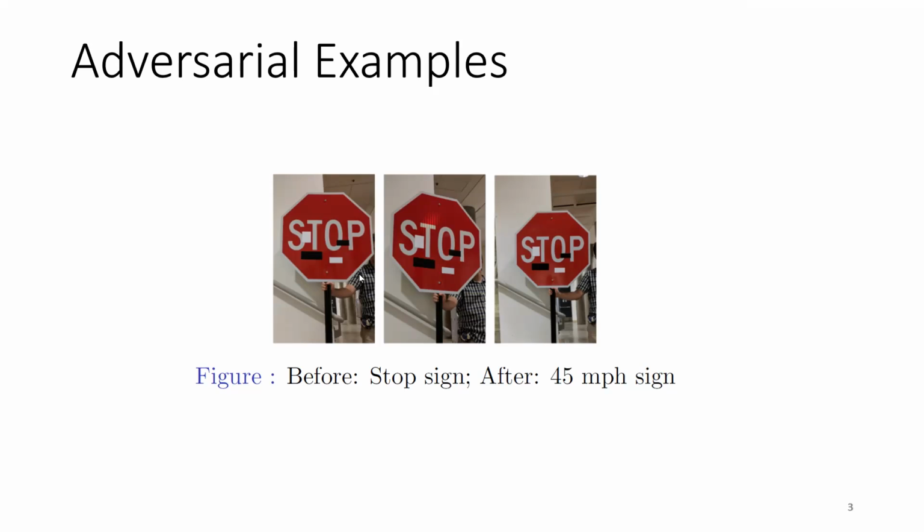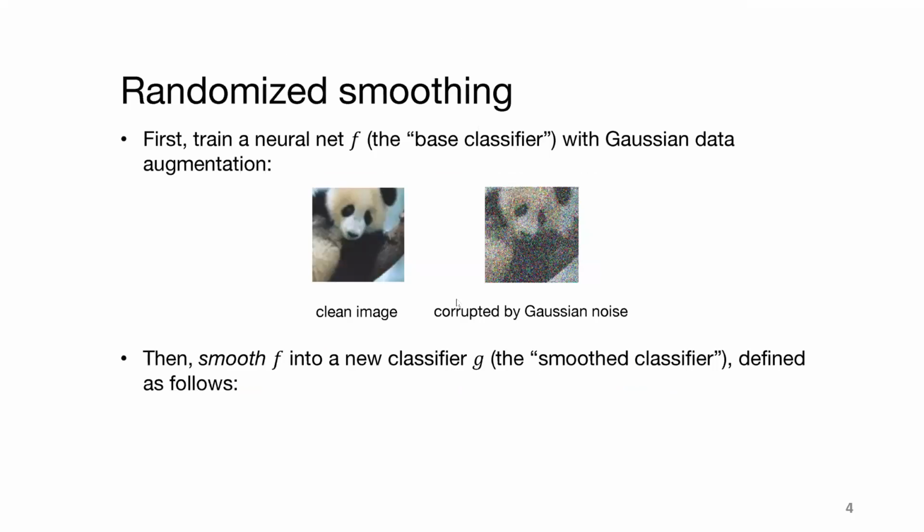So if we add some adversarial noise to the input, the machine learning model will give a totally wrong prediction. To defend against such adversarial attacks, there is randomized smoothing. Basically, randomized smoothing is a majority voting technique.